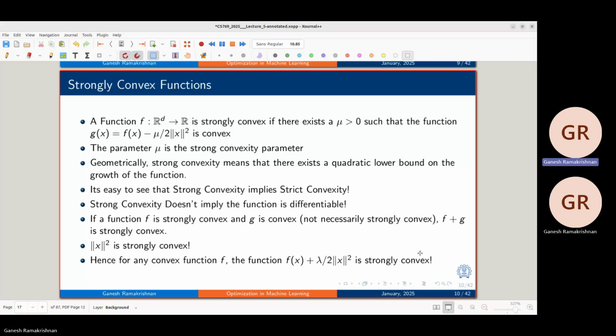So that's one definition: g(x) equals f(x) minus mu by 2 times the squared norm of x, where mu is the strong convexity factor. If this is convex, then we say f(x) is strongly convex.